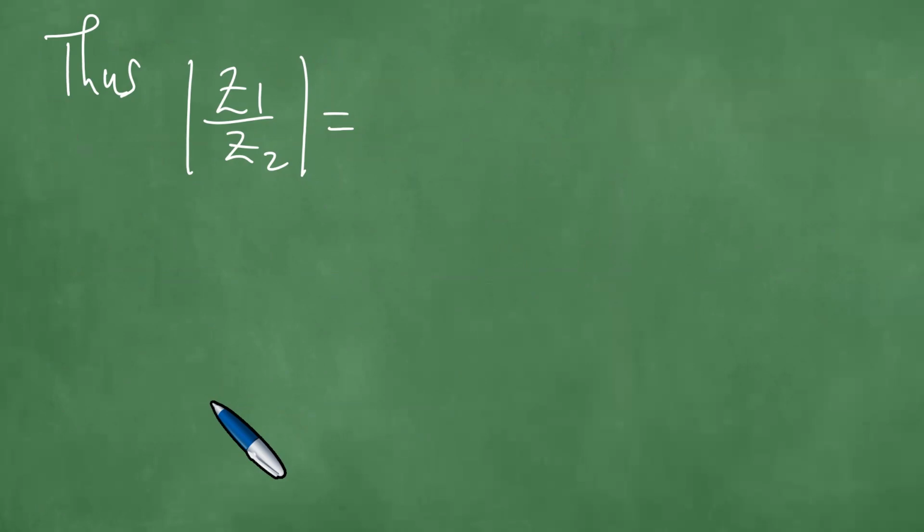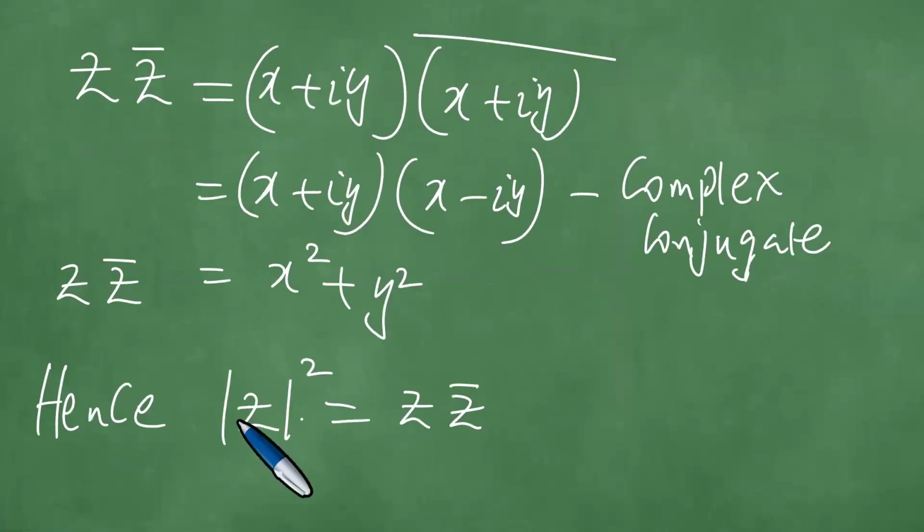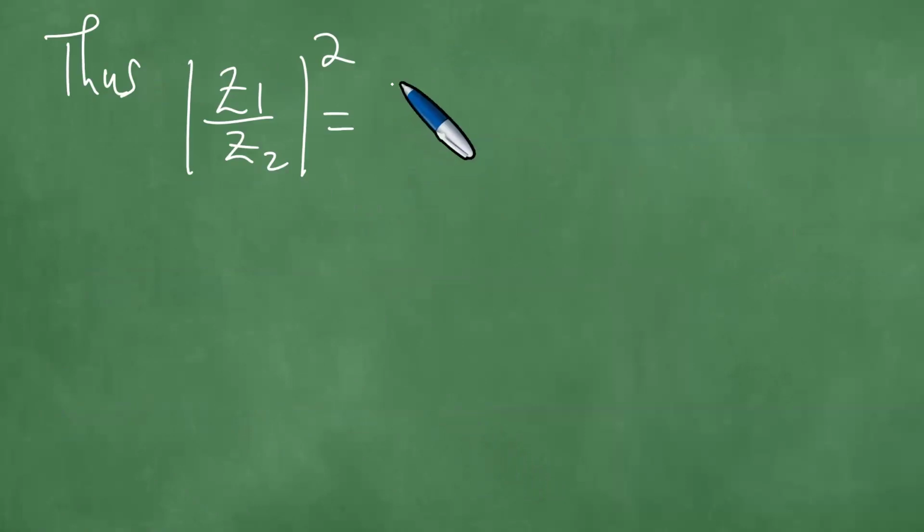Okay, let's start with the products. But to deal with the product, we'll square these. If we square these, then it is the same as what? According to this law, if you square the modulus, it's the same as that complex number times its complex conjugate. Okay, so that's what we're going to use.